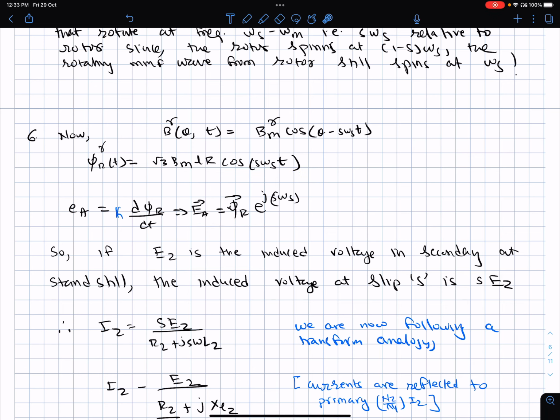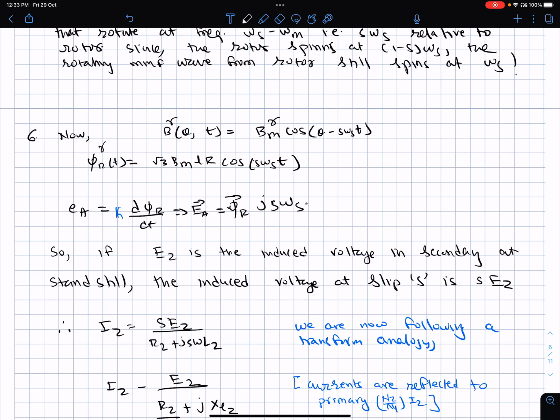E is equal to phi times e to the power j omega. I can write this as j s omega s.